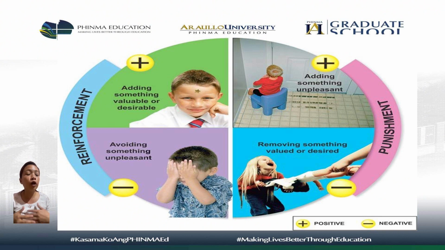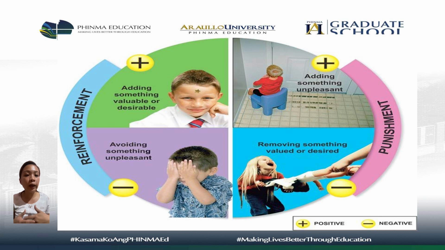So the misbehavior of sleeping would then stop and the student will start to focus on our class discussion again. So in this example, we add something unpleasant or undesirable to our students, which is the verbal scolding. So therefore, we will call this positive punishment.